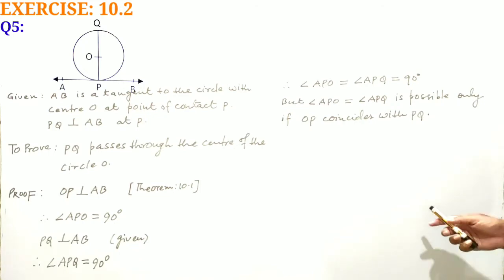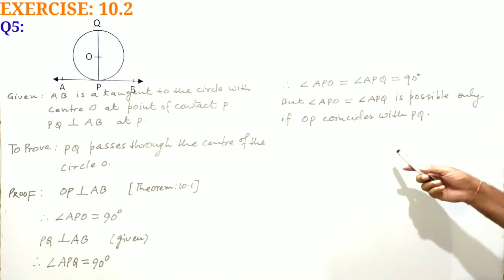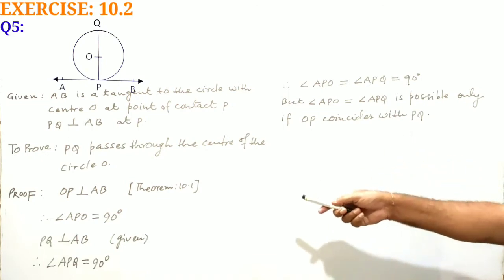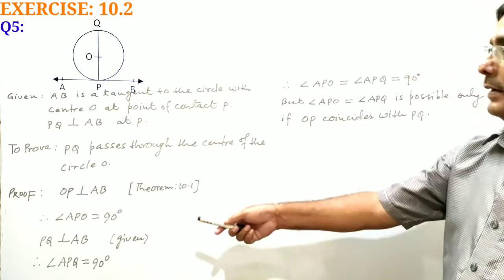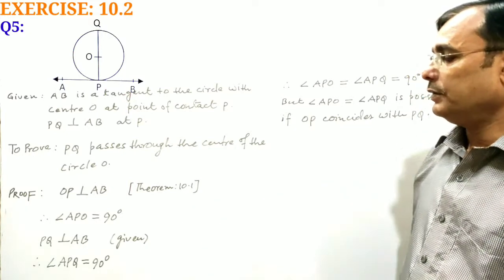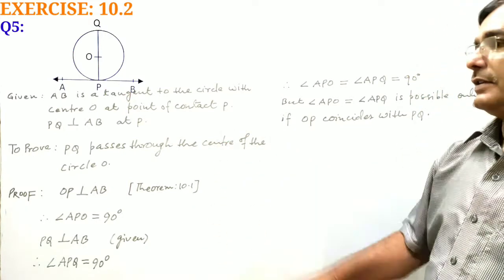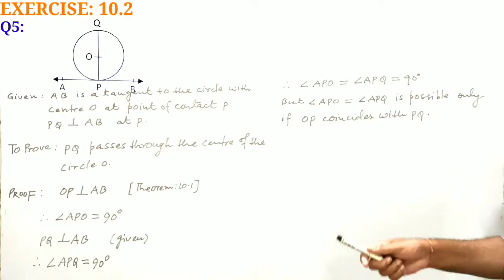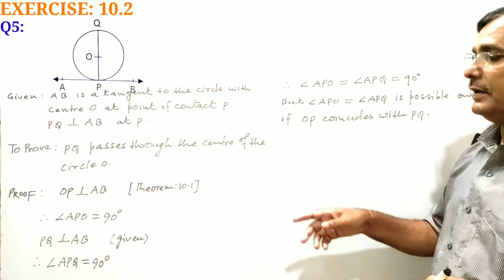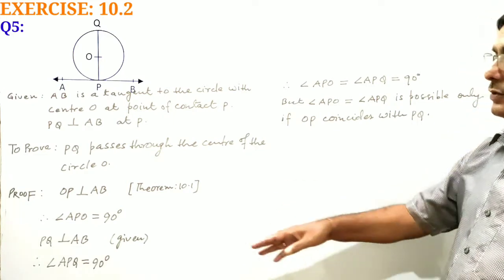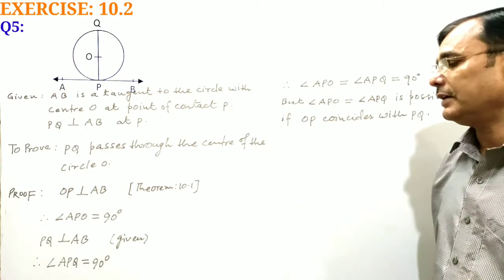OP is radius, so it will be perpendicular according to theorem 10.1, so it is a true statement. PQ we have written perpendicular to AB, so this information is given in the question. PQ we have taken perpendicular to the tangent AB at point of contact P. So angle APQ equal to 90 degrees.